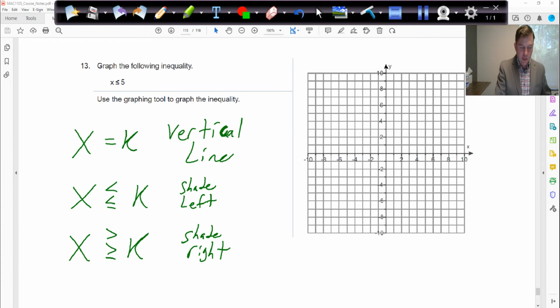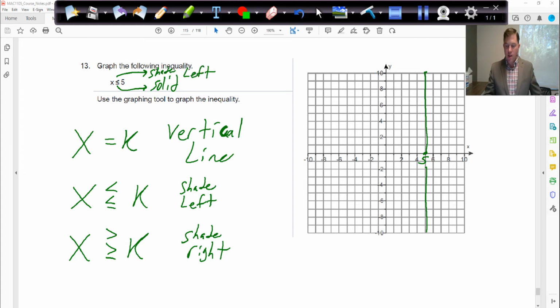So this one says x less than 5. So we go to x equals 5 on the x-axis. We draw a solid vertical line because of that equal to bar. And because we want x's smaller than that, we're going to shade left of this line. So smaller x's than 5 are x's like 4 and 2 and 0 and minus.